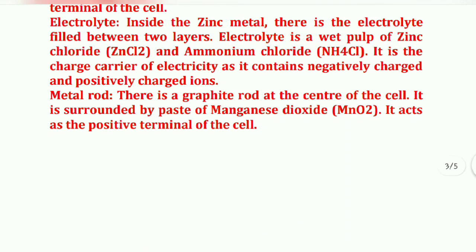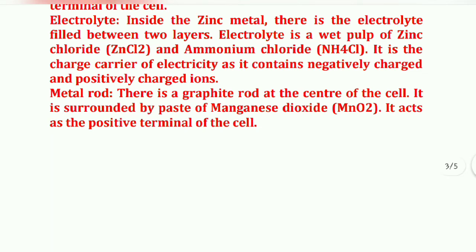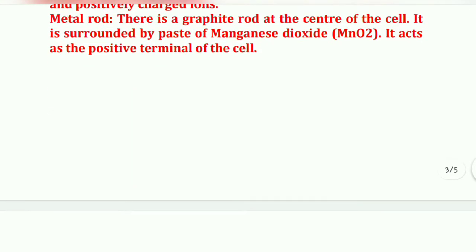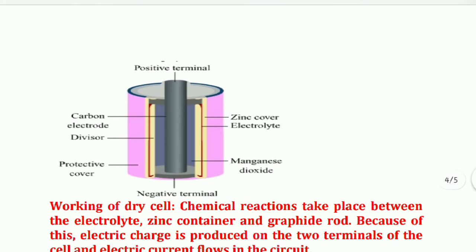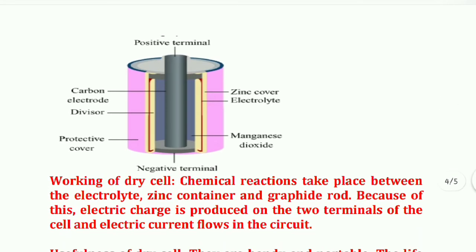Then metal rod, there is a graphite rod at the center of the cell. It is surrounded by a paste of manganese dioxide, that is MnO2. It acts as the positive terminal of the cell. Okay, you can see the images here.